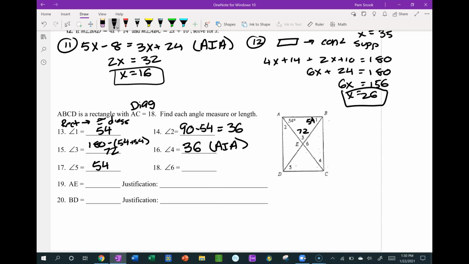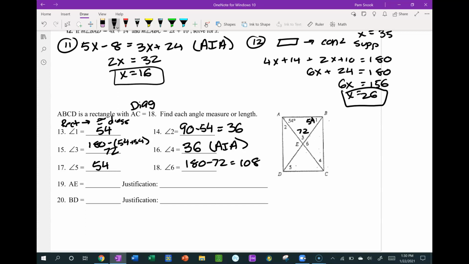Angle 6. Couple of ways you can do this. I can say that angle 6 is a linear pair with angle 3. So I can just do 180 minus 72 gives me 108. I could say angle 6 is an exterior angle with the two 54s. So I add those up and I get 108.